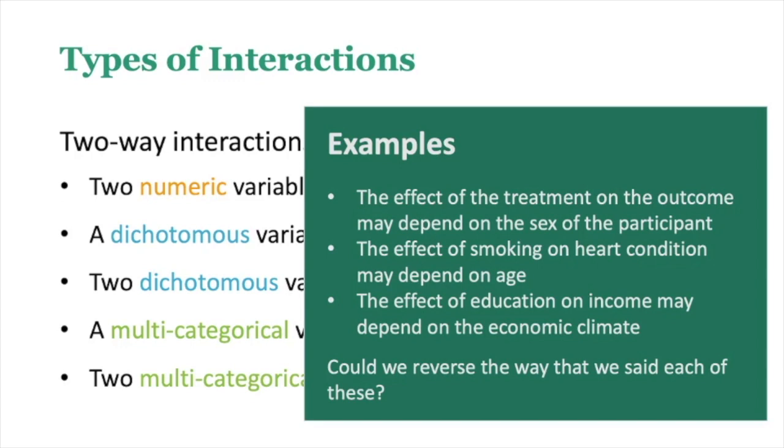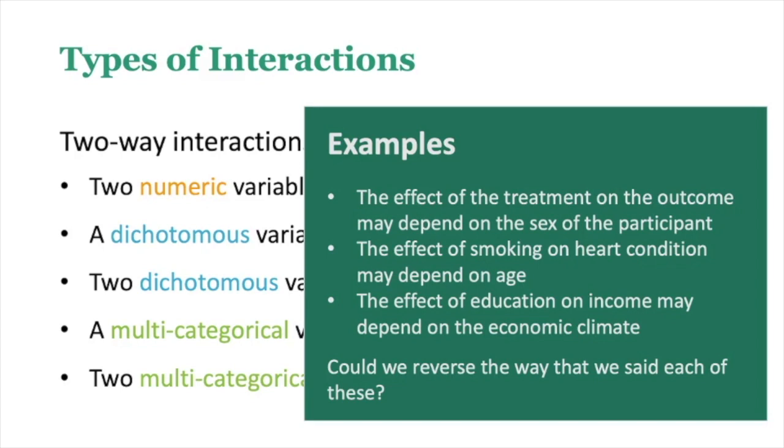So this could be an interaction between a dichotomous variable and a multi-categorical variable. You could also have the effect of smoking on heart condition may depend on the age of the individual. So if you're young, maybe smoking doesn't have as strong of an effect on your heart condition. But as you get older, maybe the effect of smoking gets worse and worse on your heart.